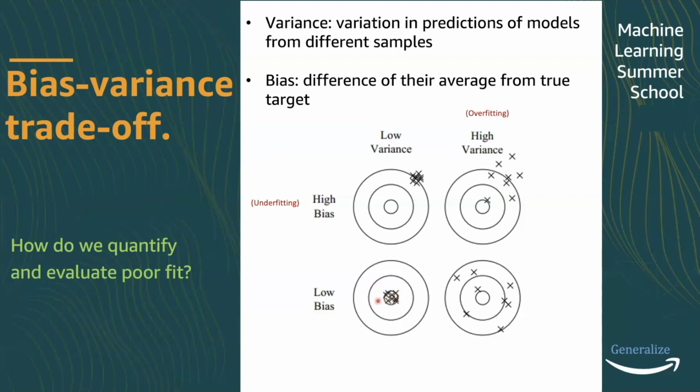These concentric circles that you see are the distance from ground truth. At the center of these circles is the truth, and these crosses that you see are the estimates from your 10 different models. What you see at the left bottom is the best case scenario.